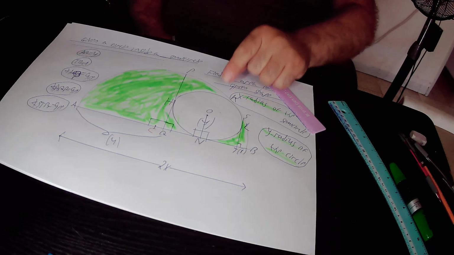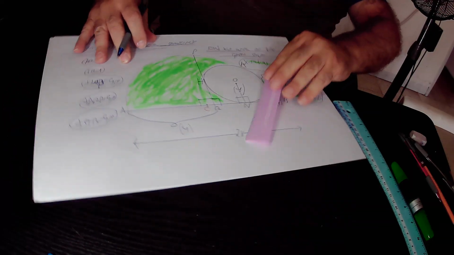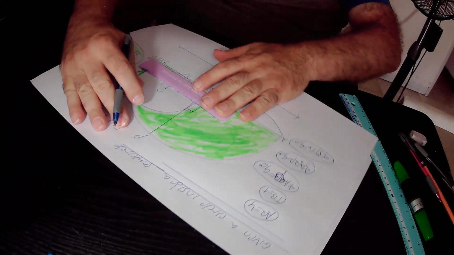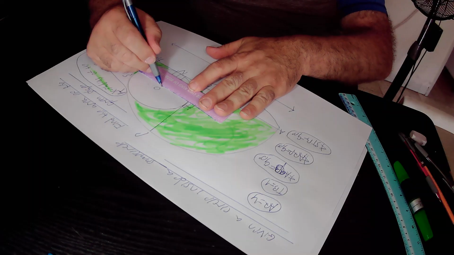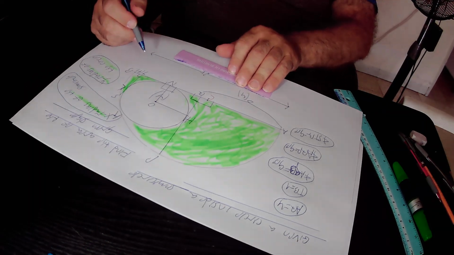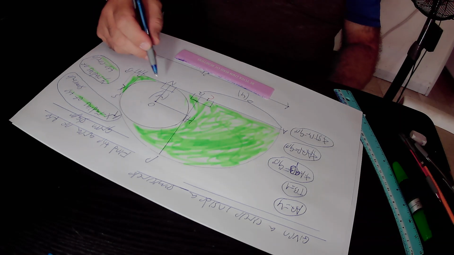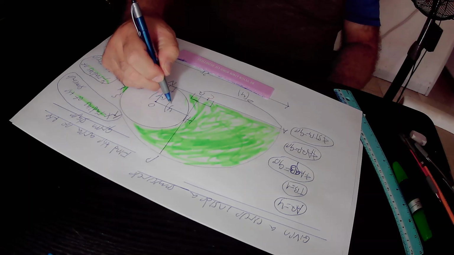In the next step, we join points O and H together by a straight line. OH is of course the radius of this small circle, therefore it is equal to y according to our definition.